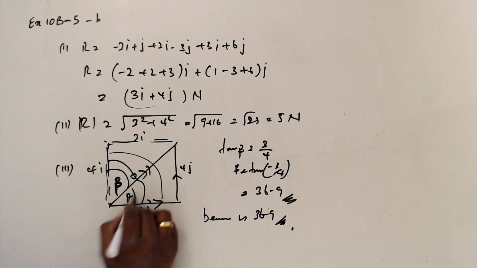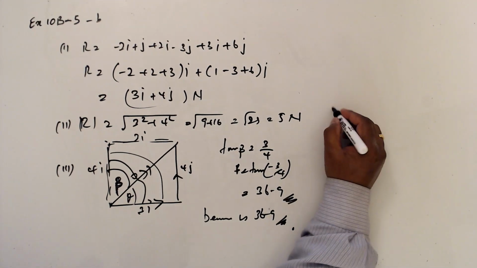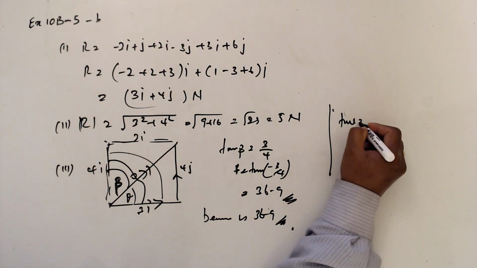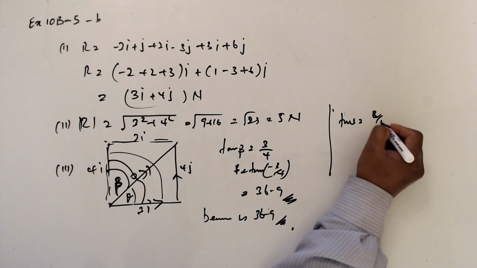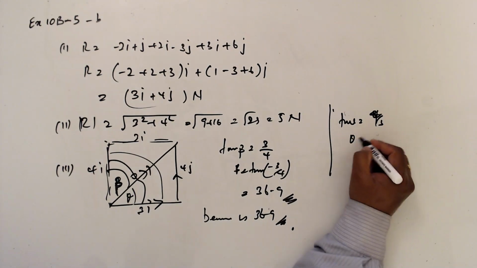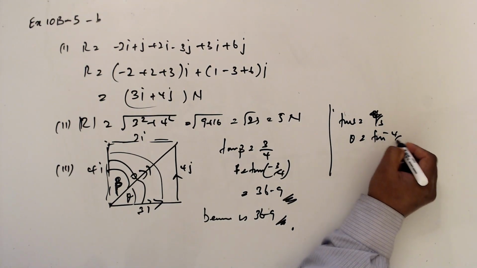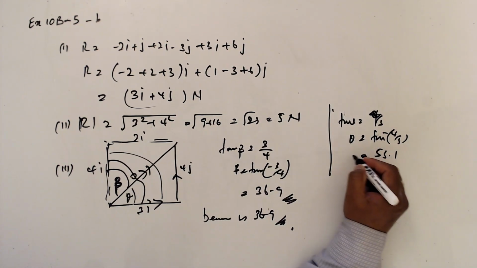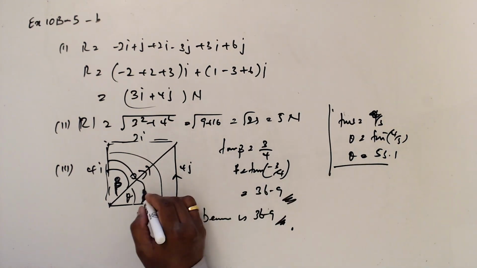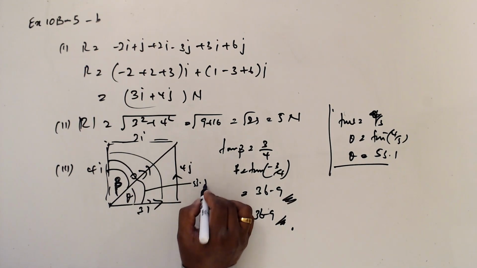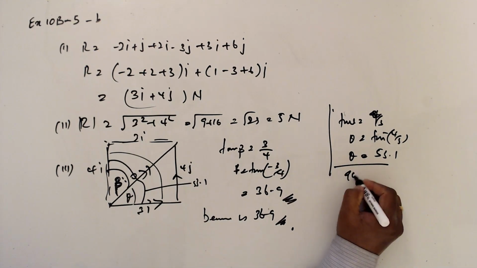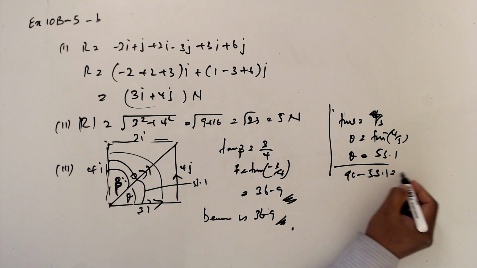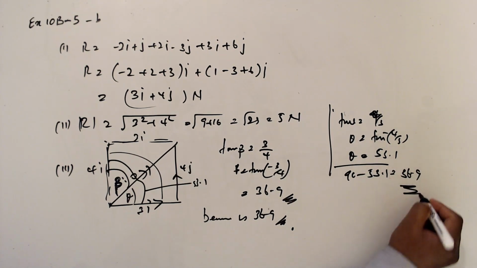If you calculate theta like this, tan theta equals 4 over 3, then theta equals tan inverse of 4 over 3, which is 53.1. Then to get this one, 90 minus 53.1, which is 36.9.